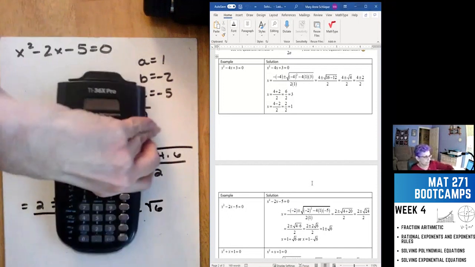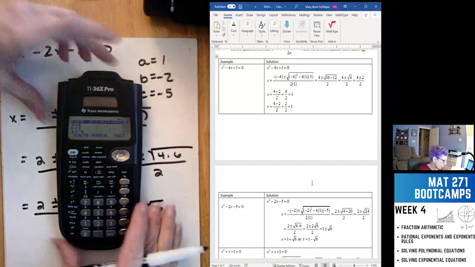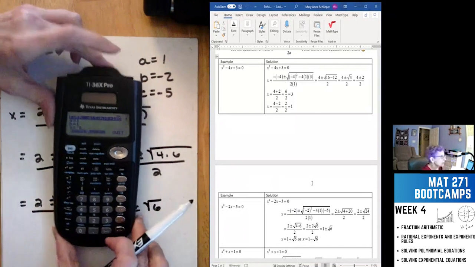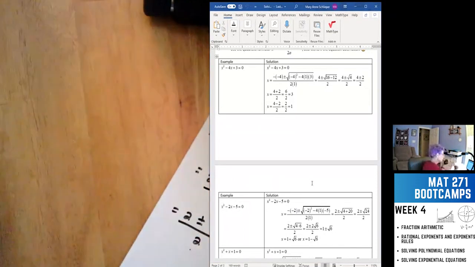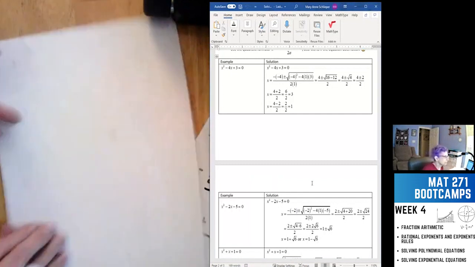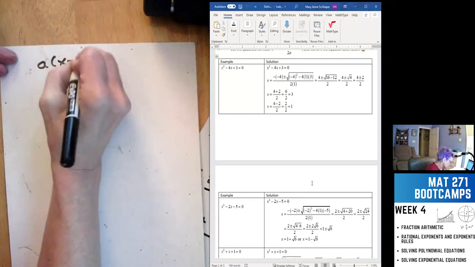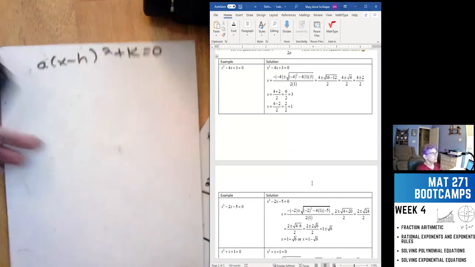Now, another thing that your calculator does for you, which you may or may not know, is it rewrites your quadratic in the form of a times (x minus h) squared plus k equals 0.